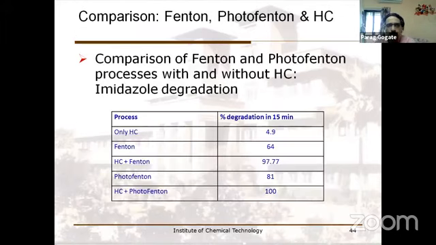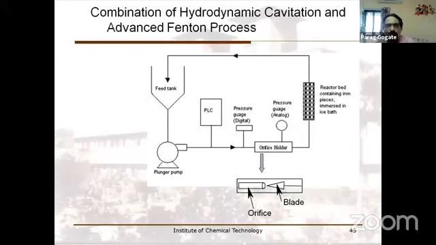Just a nutshell comparison again, percentage degradation in 15 minutes: HC plus photo-Fenton was giving 100%, but even HC plus Fenton is good enough, because 98% degradation within the experimental errors is going to be quite similar, right? So I can just optimize my treatment scheme, and here I can say that HC plus Fenton is good.